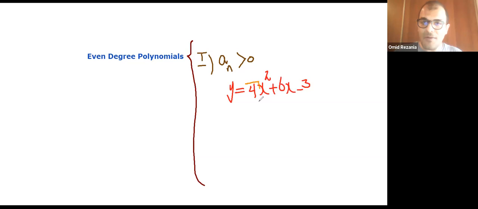It's going to be 4, positive. Let's plot this one, then we talk about the asymptotic behavior when we plot it. This one is an example of all even degree polynomials when they have a positive leading coefficient. Let me stop the share from here and share the screen with you.